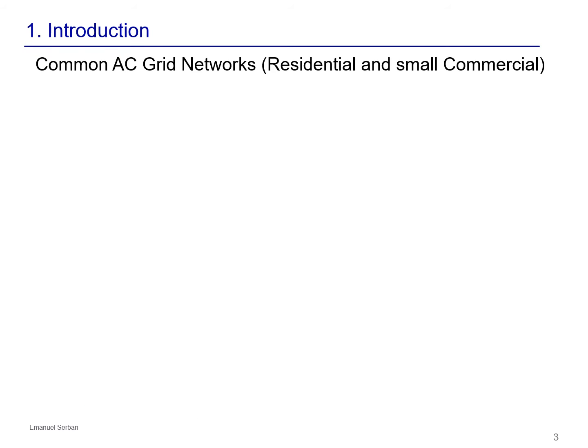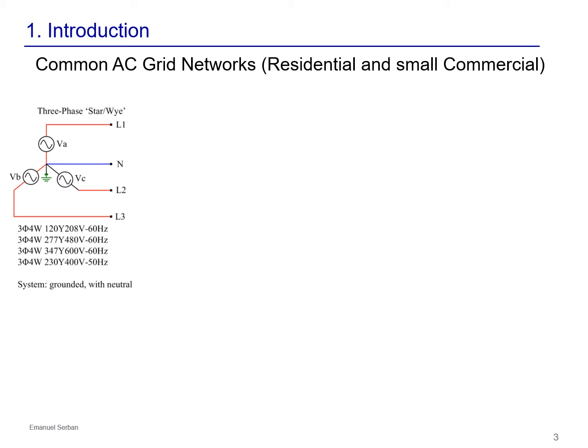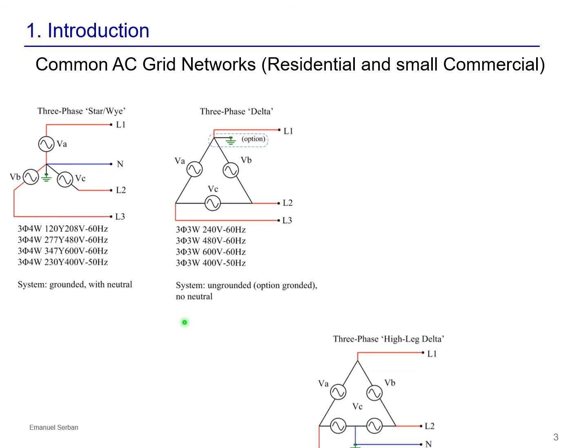The common AC grid networks for residential and small commercial are three-phase star (Y) systems. This system is grounded and has the neutral available. Another system is the three-phase delta with no neutral.